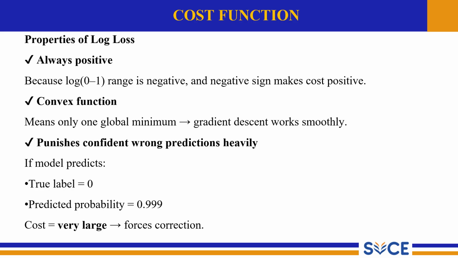It punishes confident wrong predictions heavily, if the model predicts a probability very close to 1 for the wrong class. Example: true label equals 0, predicted equals 0.999. The cost becomes very large, forcing the model to correct itself quickly. These properties make log loss stable, reliable and effective for training probabilistic classifiers.